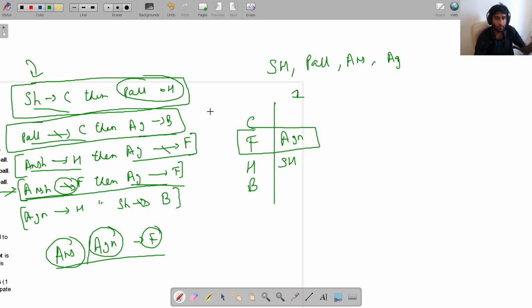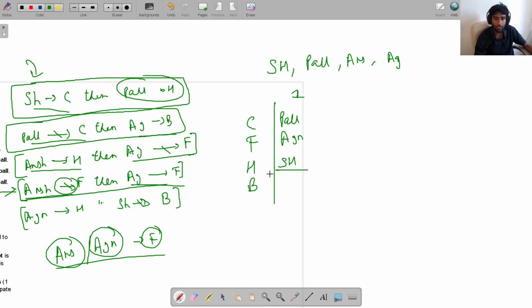To make sure that my clues don't contradict, I must try to place Pallav in cricket. If I place Pallav in cricket, this second clue will never get violated, right? So if I place Pallav in cricket, I can play Shaurya in hockey or basketball, either. I'm going to put Shaurya here in hockey.